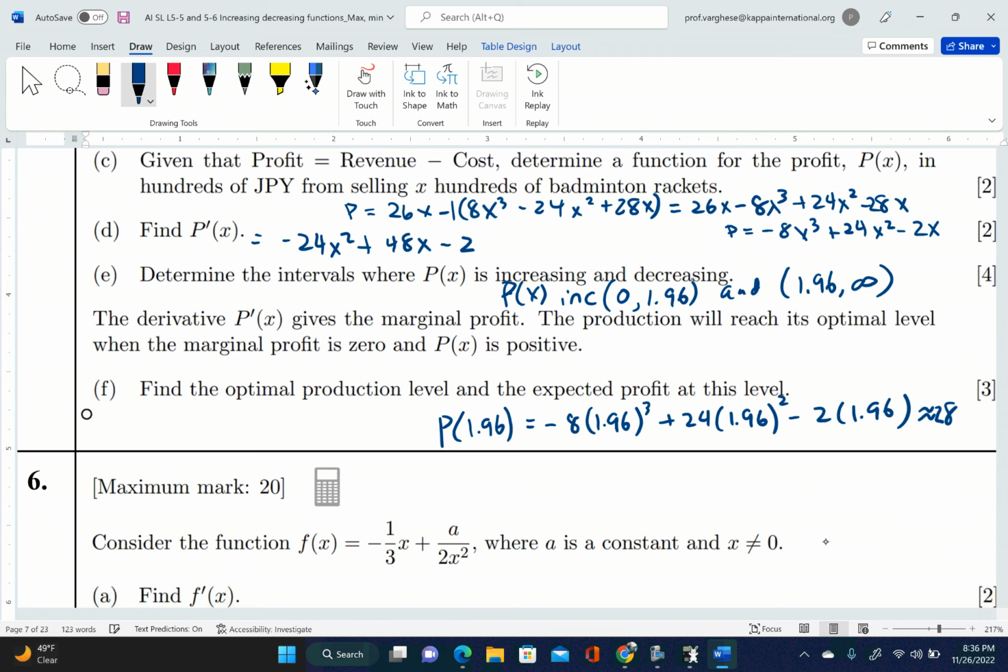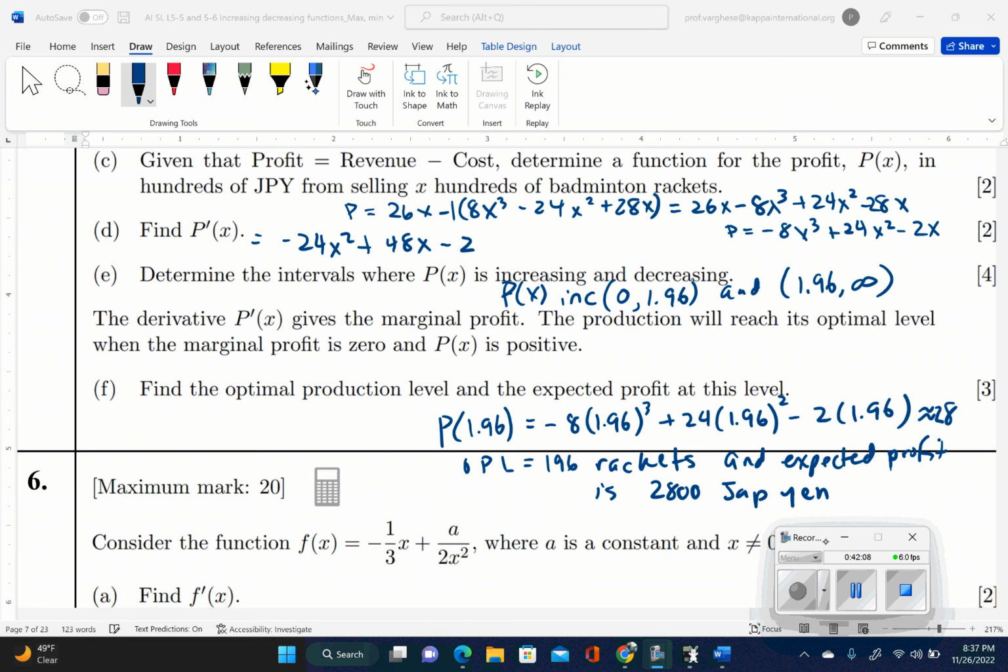So optimal production level is at 196 rackets, and they also want us to talk about the expected profit at that level. This is 2800s, so 2800 Japanese yen. Okay, so that is our answer for part F.